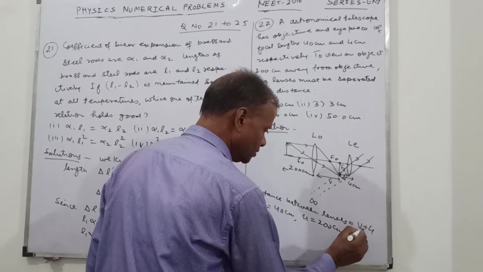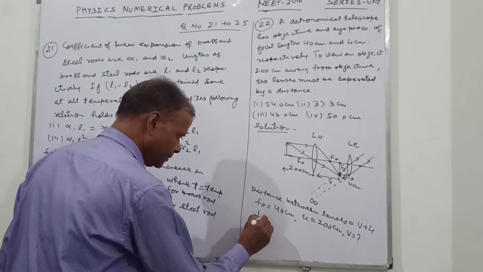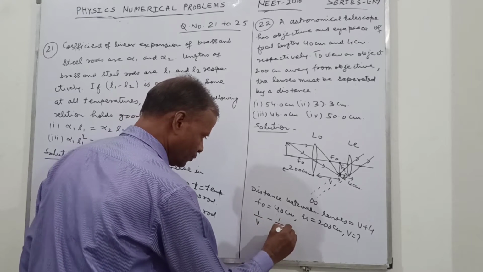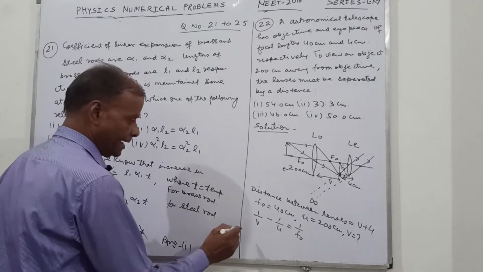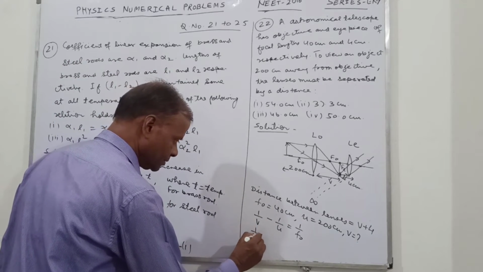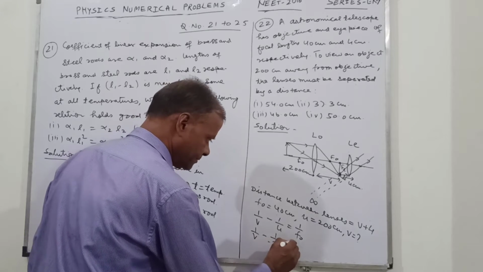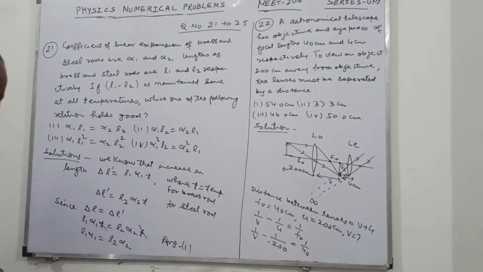Apply the formula 1 upon v minus 1 upon u equal to 1 upon f naught. Here 1 upon v minus 1 upon minus 200 equals 1 upon 40, and then calculate.